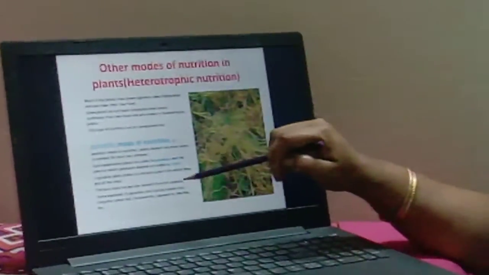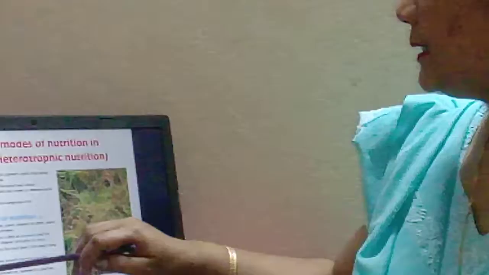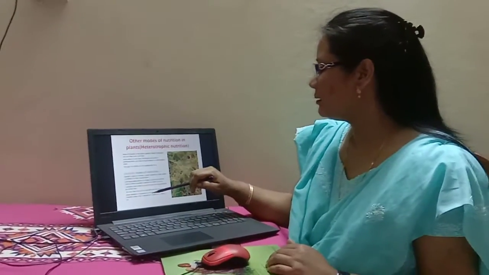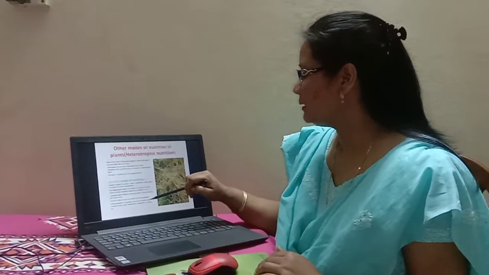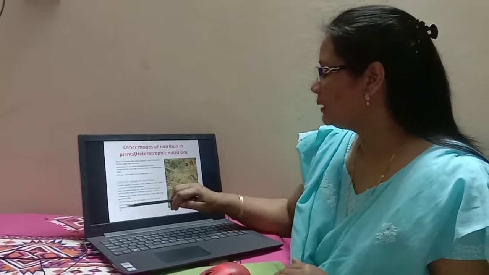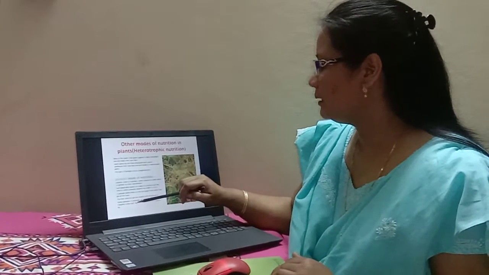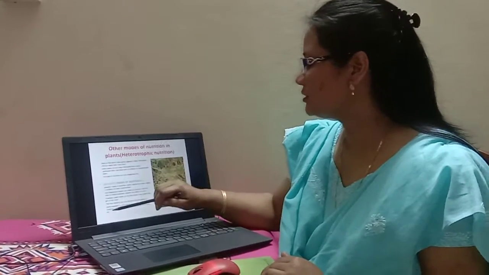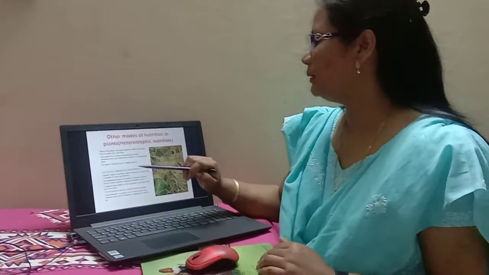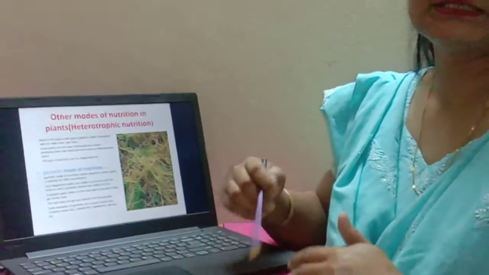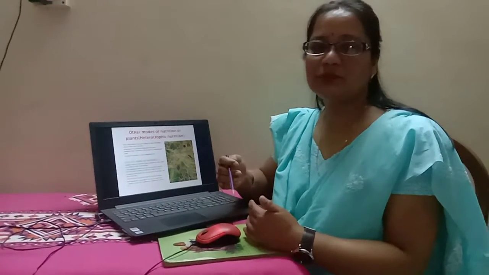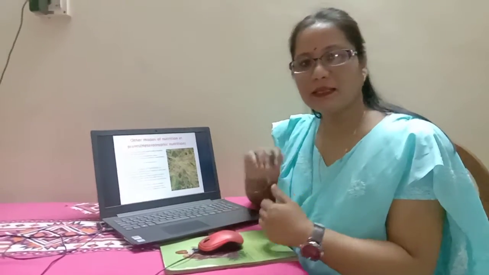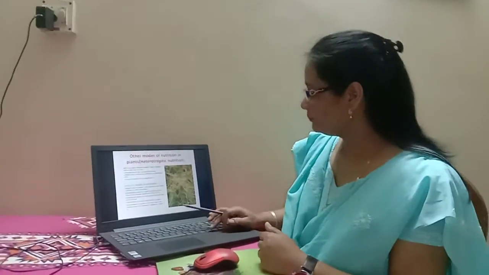The host does not get any benefit from the parasite. Some examples of parasites are Cuscuta, Amarbel is the local name. Among animals, hookworms, tapeworms, leeches, etc. are parasites. Parasites are sometimes so harmful to the host that the host plant or animal may die, right?